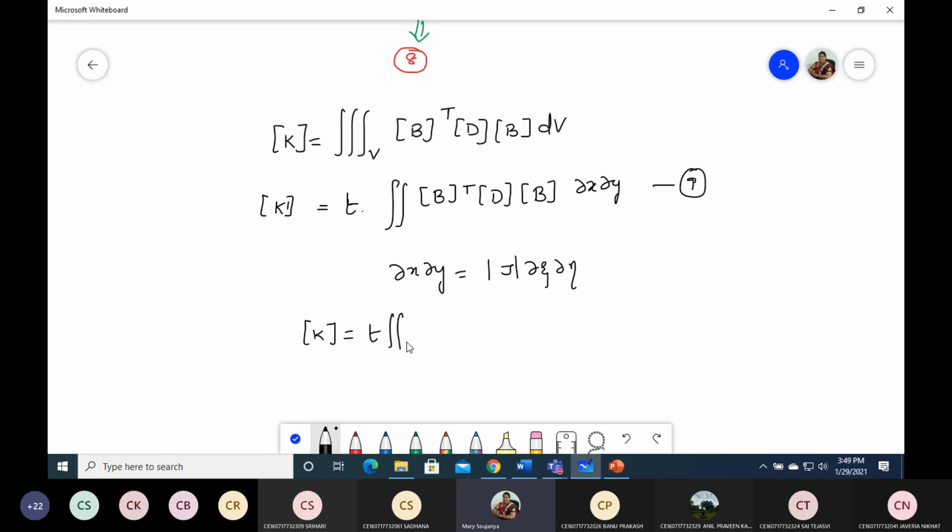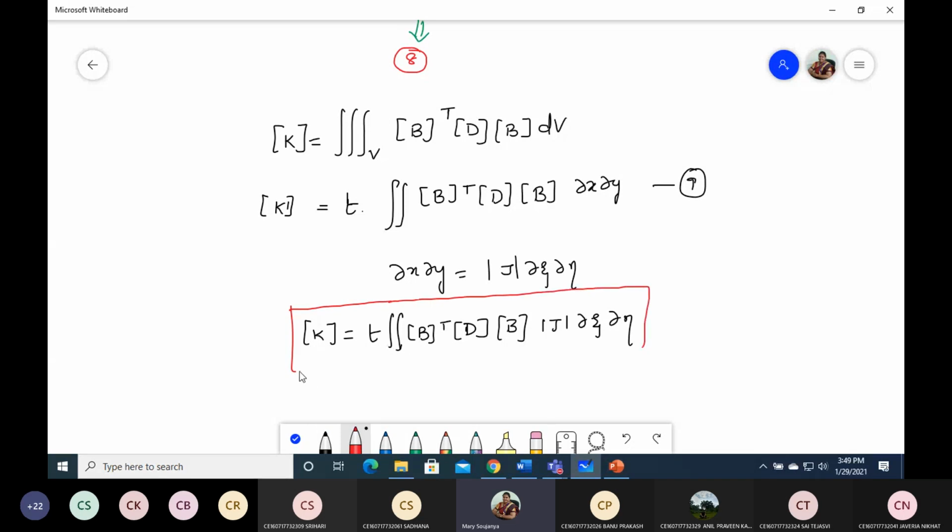Thickness into double integration of B transpose D into B det of J into dou xi into dou eta. This is the elemental stiffness for an isoparametric element. Equation number 10.